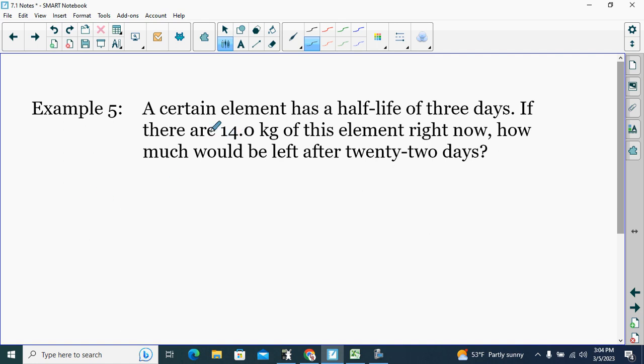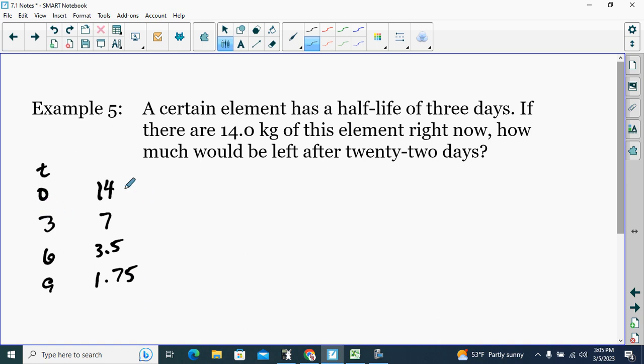So like for this example, if we start with 14 kilograms, so time is 0. Right now we have 14 kilograms. After 3 days, we would have half that. After 3 more days, it would break in half again. We'd have 3.5 kilograms. After 9 days, it would break in half again, and we'd have 1.75, and so on.